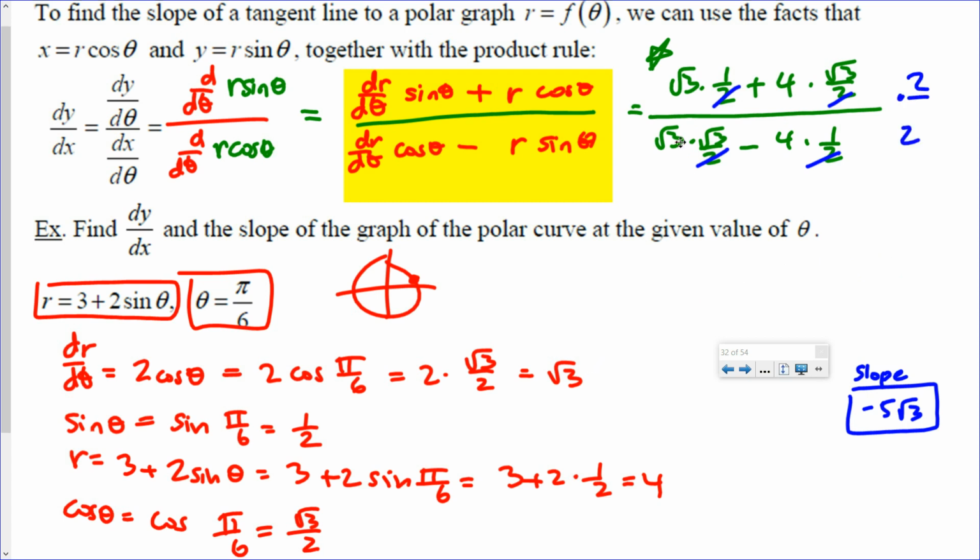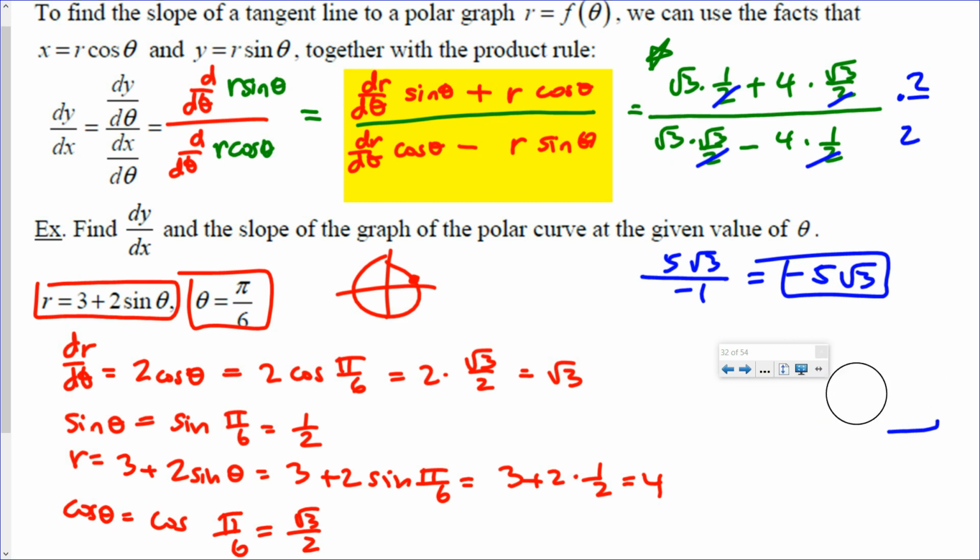On the top I have square root of 3 plus 4 square root of 3, so that's 5 square root of 3. On the bottom I have square root of 3 times square root of 3, which is 3, and 3 minus 4 is negative 1, so this answer is negative 5 square root of 3. That's how you do these problems, and that is actually what the slope is. If you drew this picture, that's what the slope formula would be.